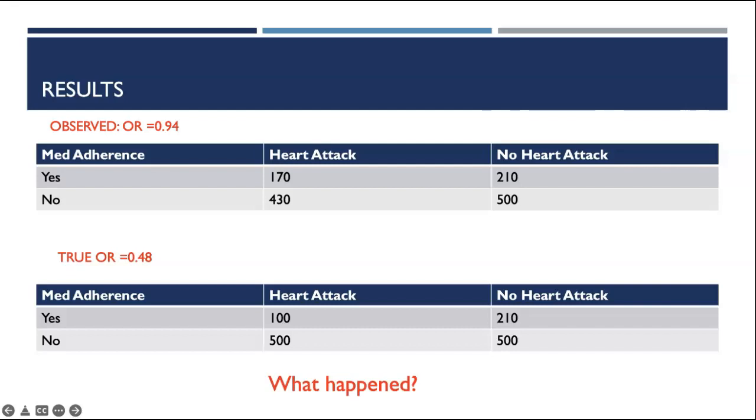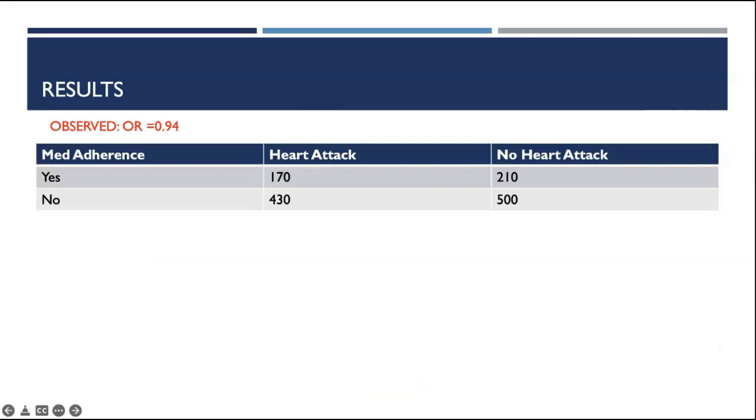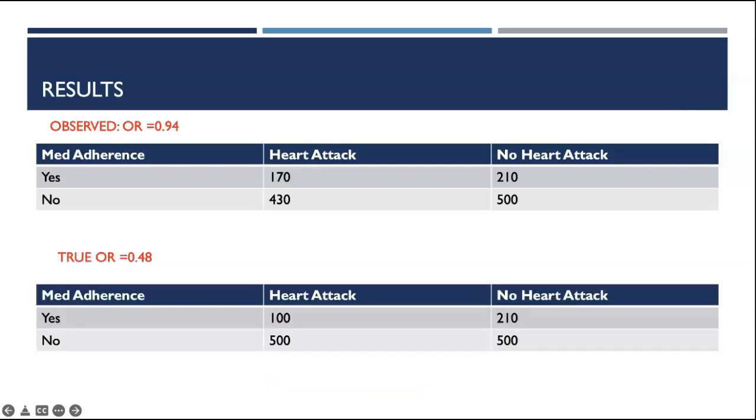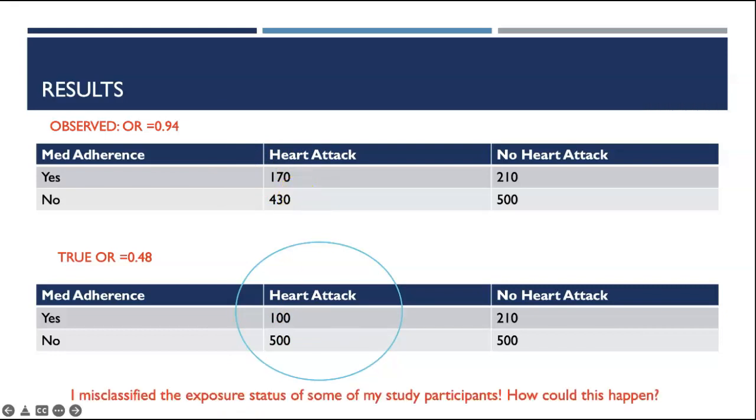What on earth happened? Well, if you look at these numbers, what you see is that the number of people in these categories looks different for my true versus the people up here. What exactly happened? I misclassified the exposure status of some of my study participants.